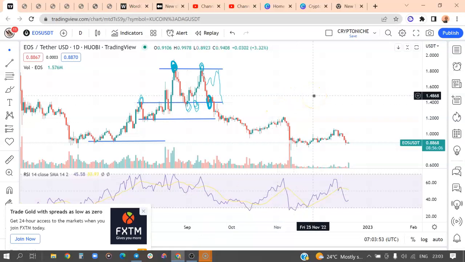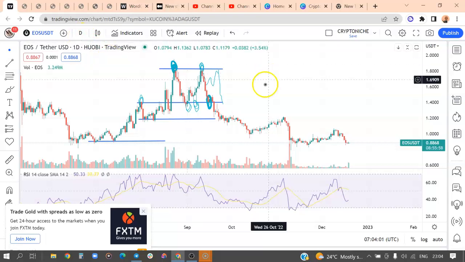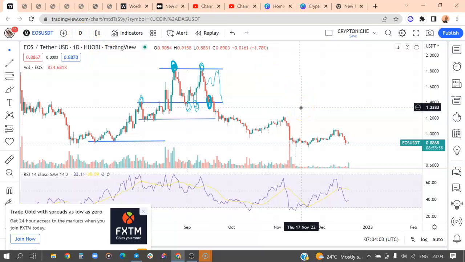We're going to be talking about EOS today, and as you can see, this is the EOS chart right here. I'm using the daily candlestick here so that you can have a macro view of it.